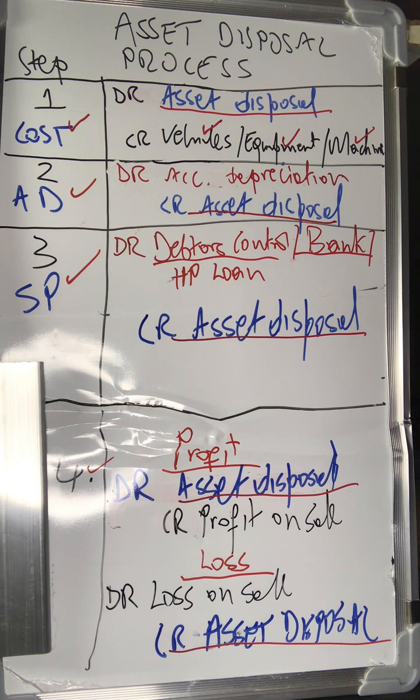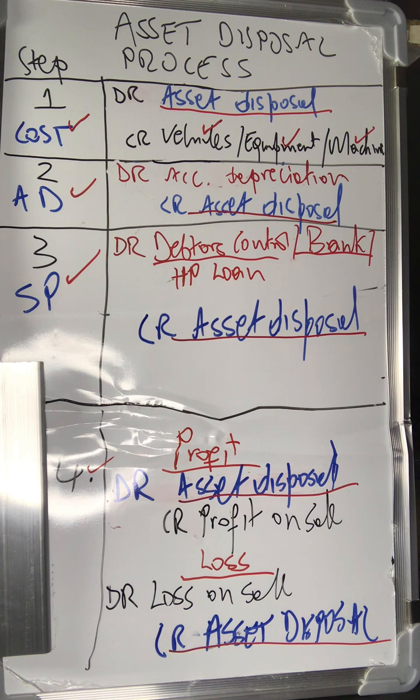All our income accounts in accounting, they increase on the credit side. So that's why you're going to debit asset disposal and you credit profit on sale, because profit on sale is an income. If you are doing an income statement or your statement of profit and loss, your profit on sale is going to be reflected under other income.